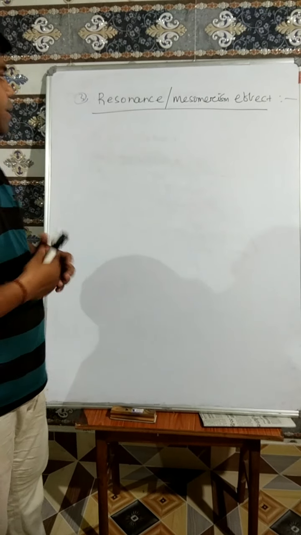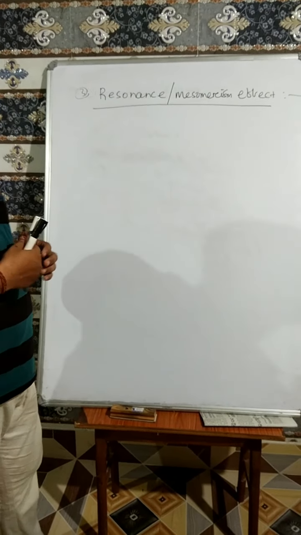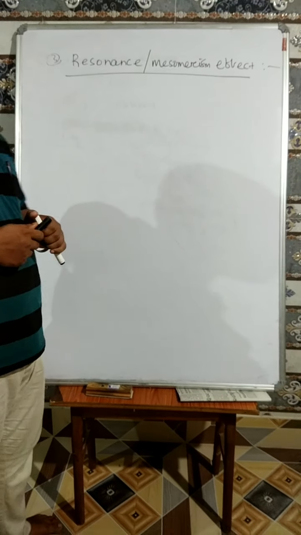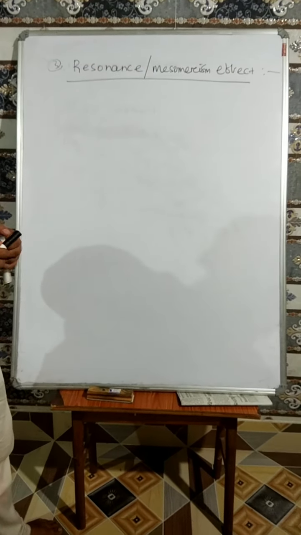Again, to repeat, the resonance effect is the phenomenon by virtue of which the pi electrons are shifted from one part to another part in a conjugated system through resonance.